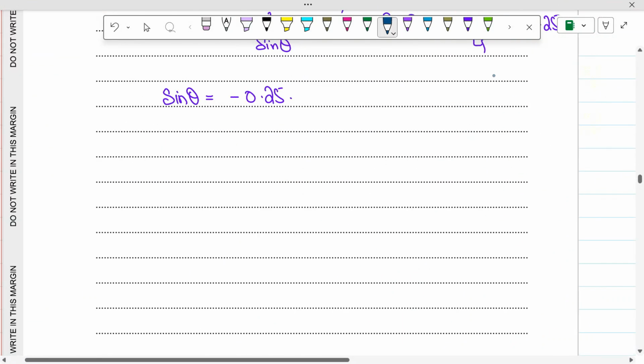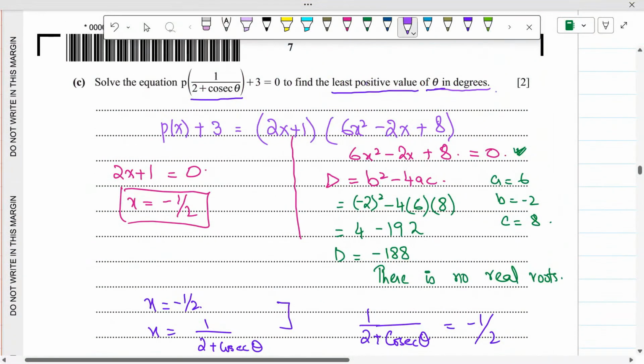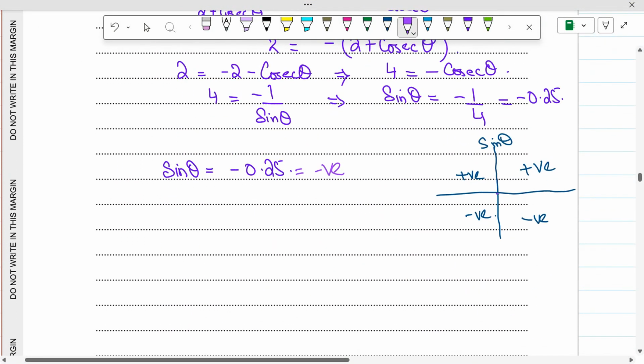We know that sine is positive in the first and second quadrants and negative in the third and fourth quadrants. This value is negative, so we have two angles, one in the third quadrant and one in the fourth. The least possible value lies in the third quadrant, so we need to find the angle in the third quadrant only.